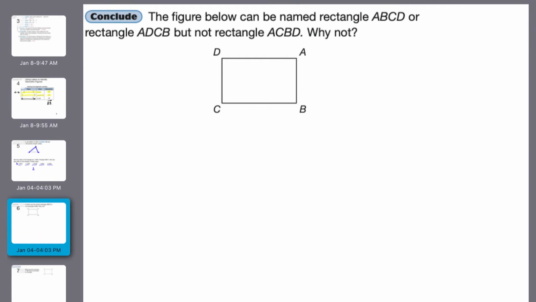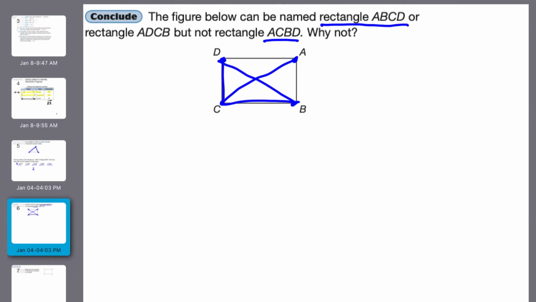Now, when you get to squares, or shapes that have more than 3 sides, there are some names you can't use. We call this rectangle ABCD, because I can go A, B, C, D, and I have my rectangle. But I cannot name it ACBD, because if I take my writing utensil, A, C, B, D, you can't do that.